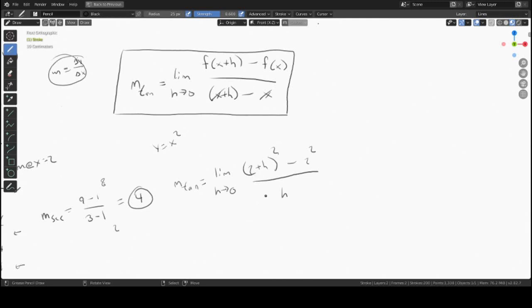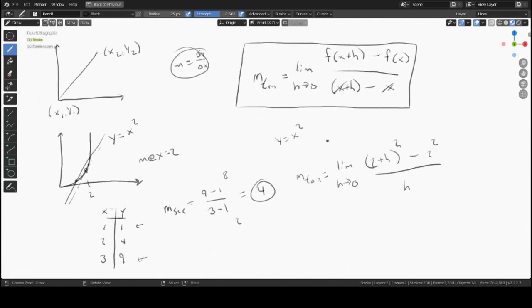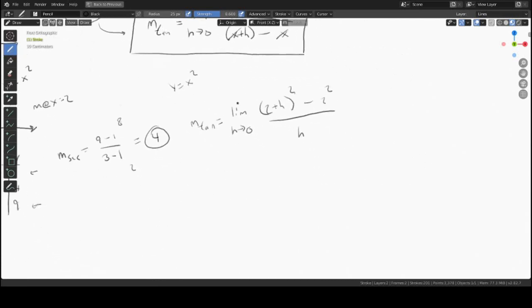We could simplify this, but I just wanted you to see the resemblance between the limit definition and the original definition of our secant slope.